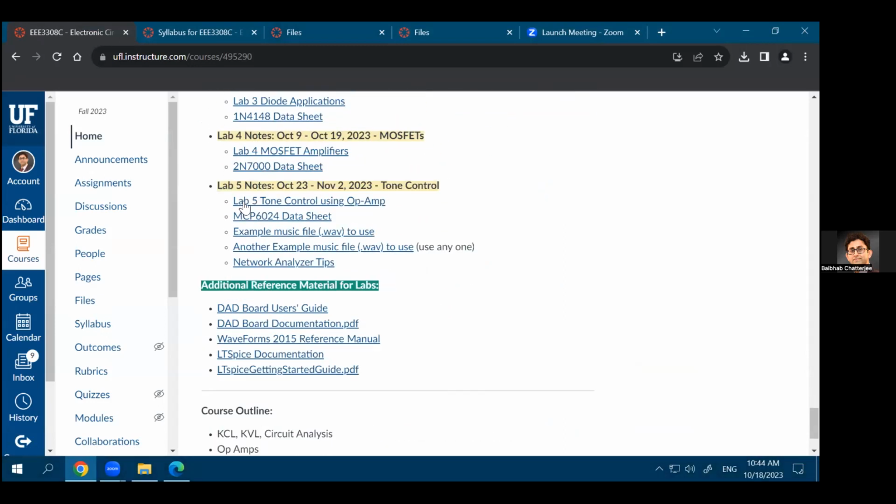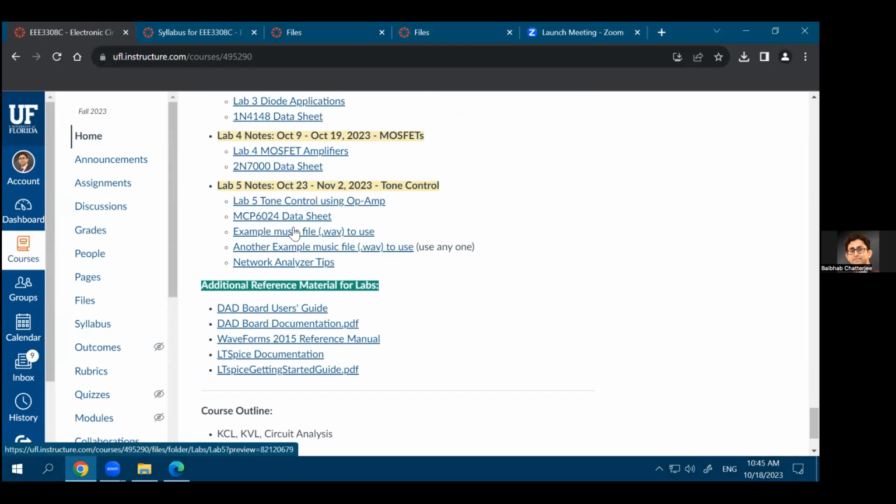Along with that, your lab 5 notes are also uploaded. Again, you'll have 2 weeks to complete these labs. I'll leave it up to you and your UPIs to manage when you want to finish the lab within these next 2 weeks. But this is a very fun lab. It's a tone control lab where you'll use an example music file.